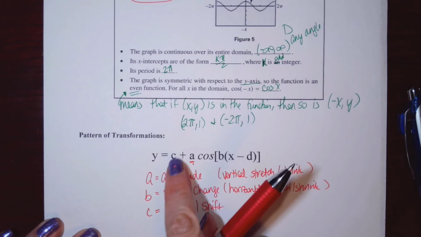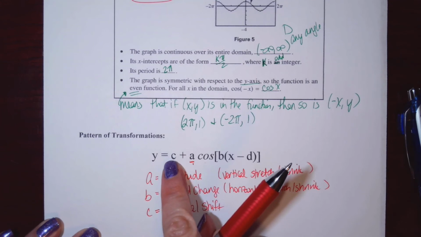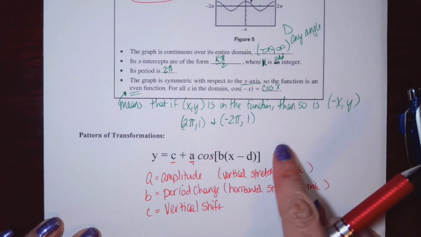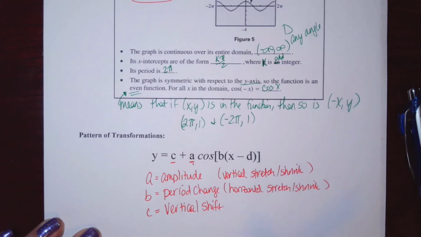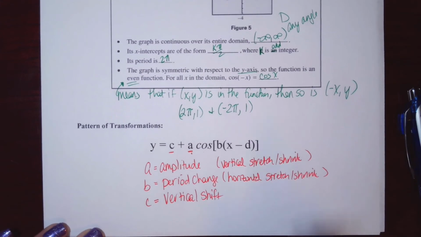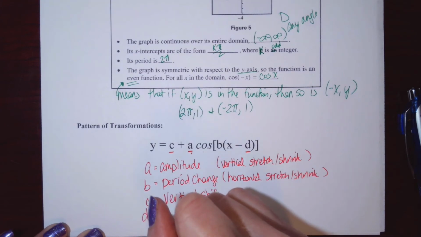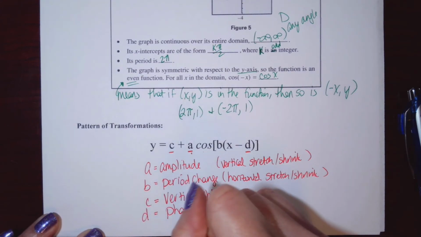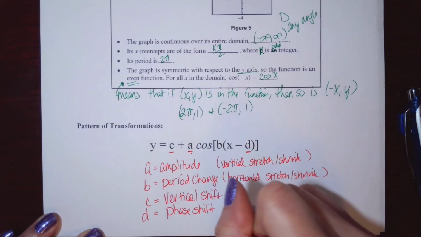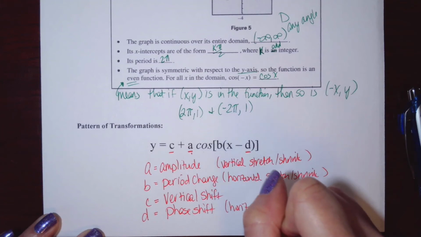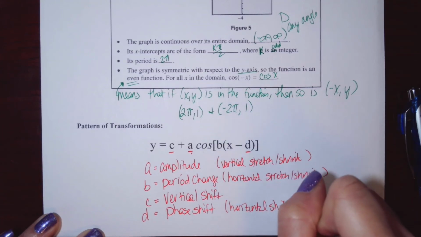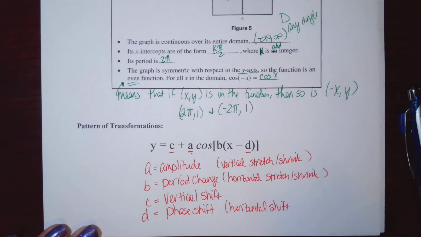C is usually out in front with my trig functions. In college algebra, we would see it added or subtracted on at the end. And then finally, D is my horizontal shift. We're going to call it a phase shift. We take our graph and we shift it to the left or the right.